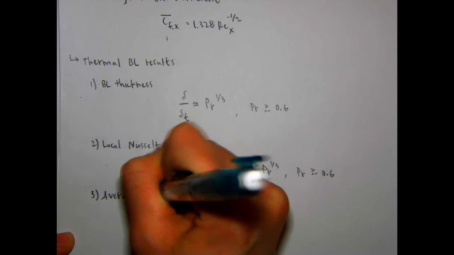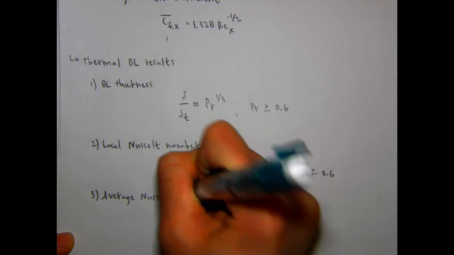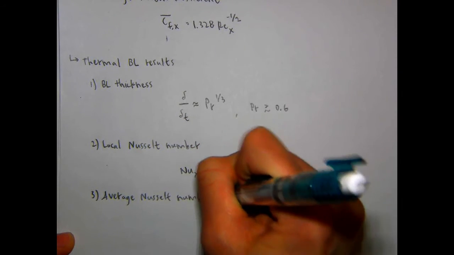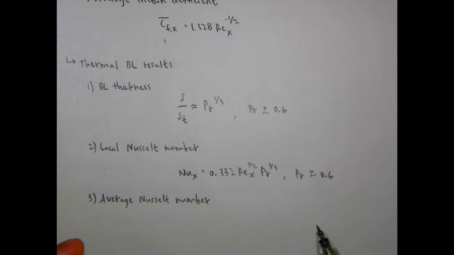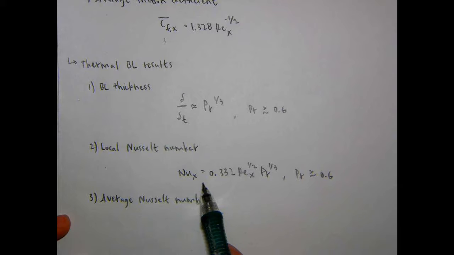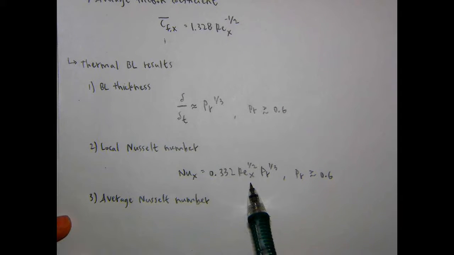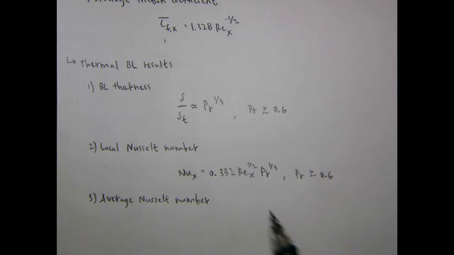Then we can also get the average Nusselt number. To make sure we're clear on the difference, the local would be the Nusselt number at a particular x location that you specify, and the average Nusselt number is the average over 0 to whatever that x location is. So the convection coefficient at one specific location, versus the average over the entire distance of the plate from the leading edge to the point that you specify.